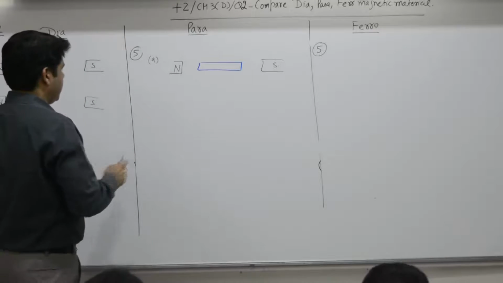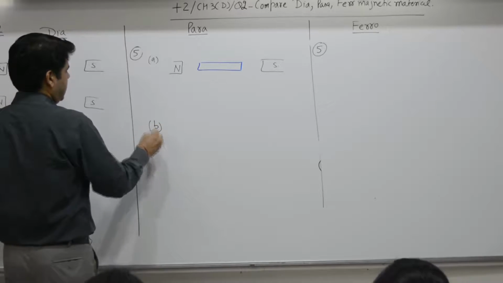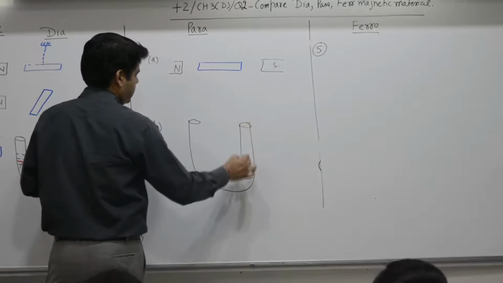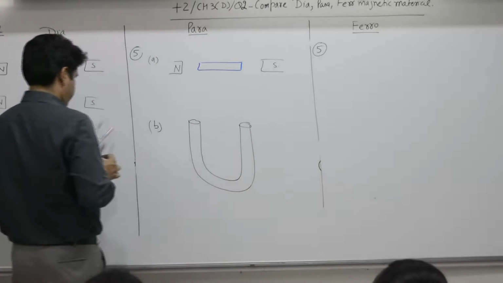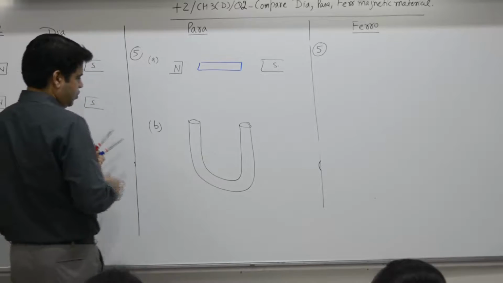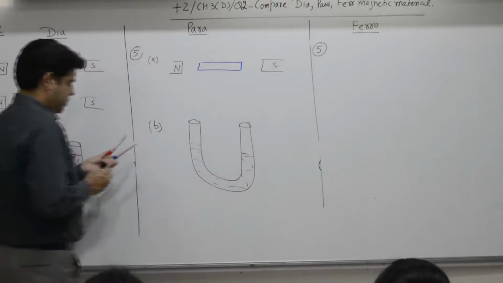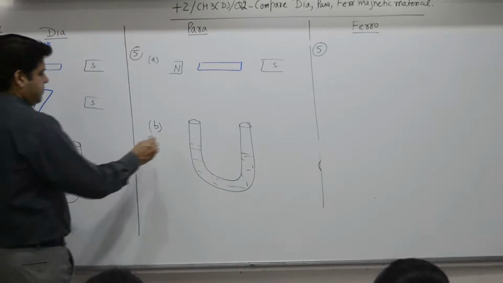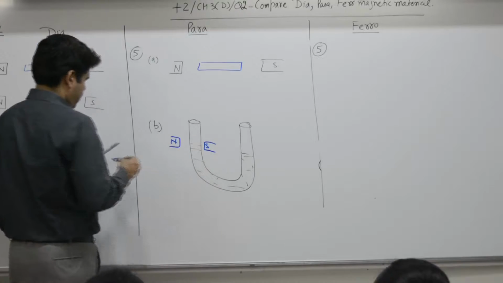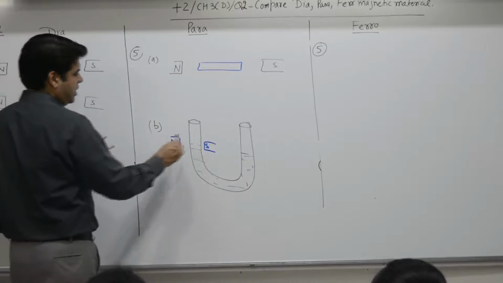If you perform another experiment, take it in liquid form, place it in a U-tube and place this in a magnetic field, the liquid has a tendency to move in because there is a small attraction.